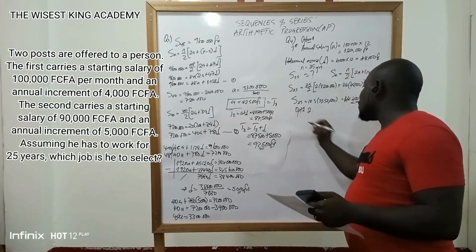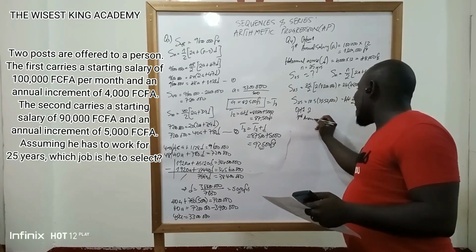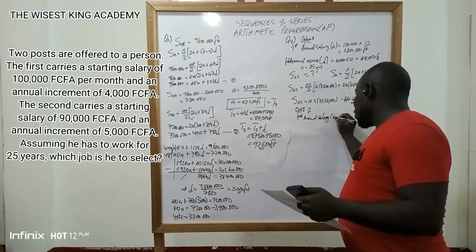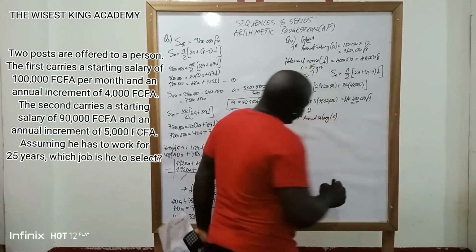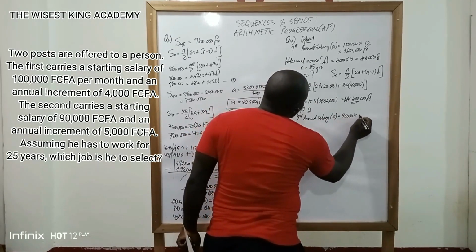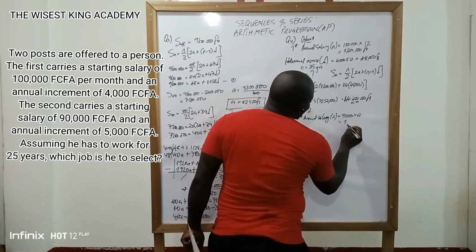Now let's take option 2. First annual salary, which is our a in that case, is going to be 90,000 times 12, right? 90 times 12 is 108.